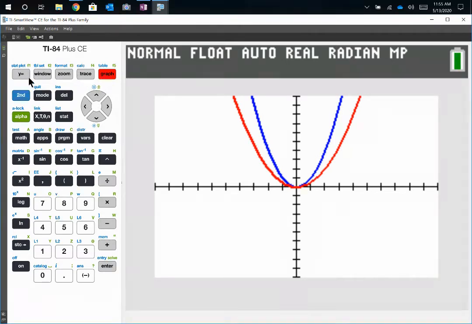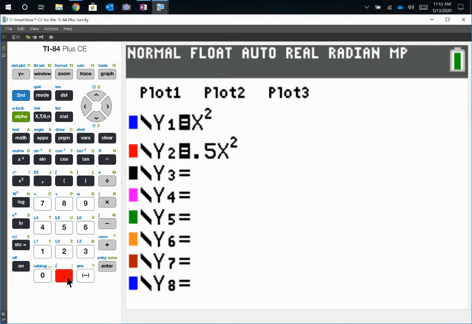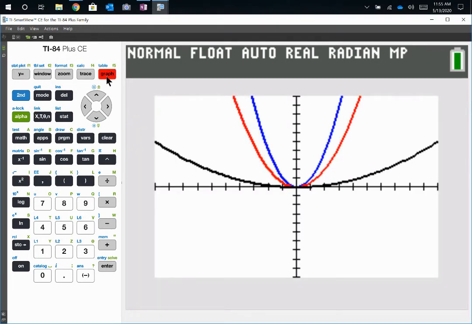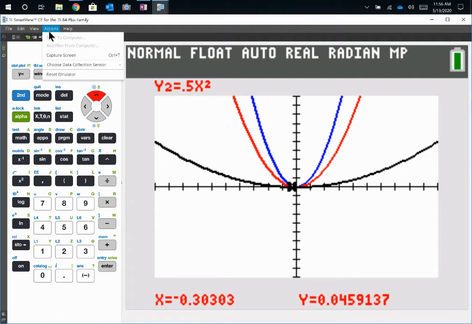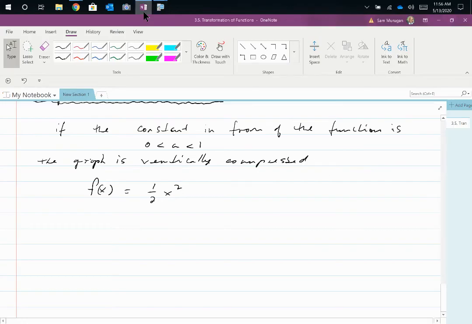And if I were to go even further and put in, say, 0.05, a smaller fraction, the graph becomes even flatter. Okay? So it kind of shows you the effect it has when you write a fraction in front of the function.